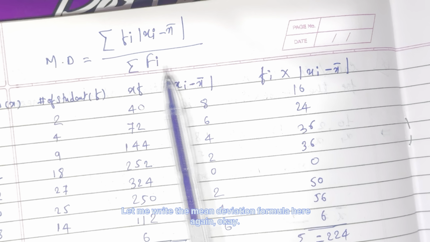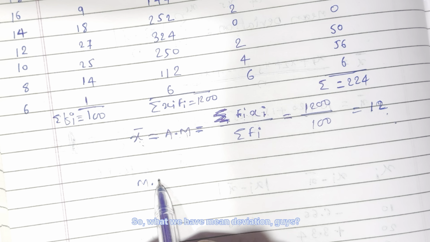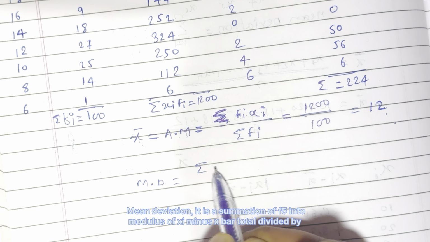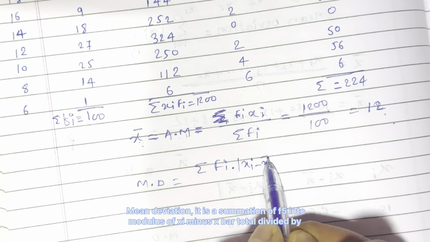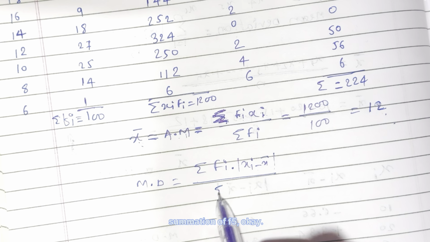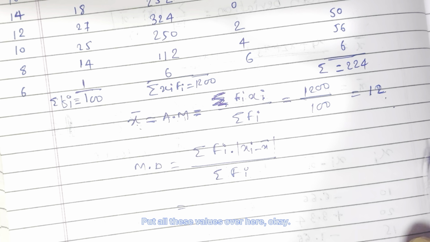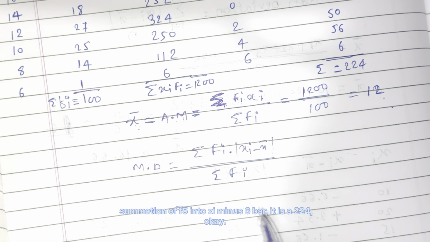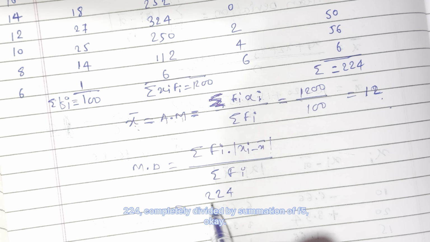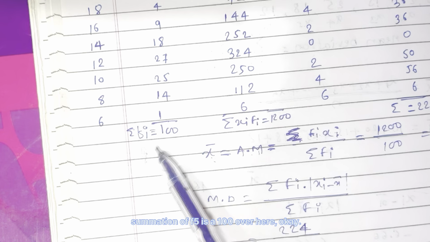Let me write the mean deviation formula here again. Mean deviation is the summation of fi into modulus of xi minus x bar, divided by the summation of fi. Putting in the values, the summation of fi into modulus of xi minus x bar is 224, divided by the summation of fi, which is 100.